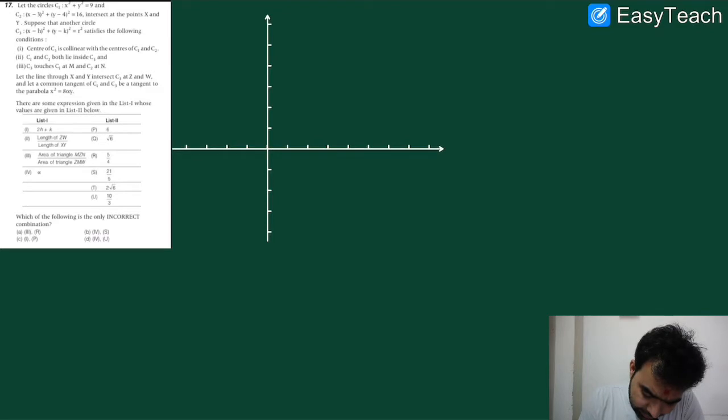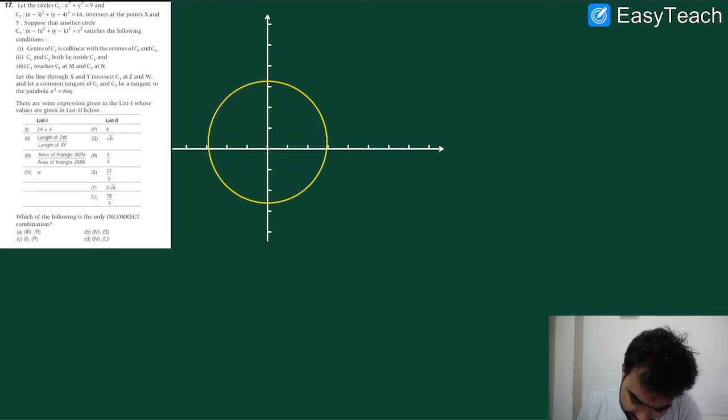Now here the first circle is x square plus y square is equal to 9, so that is the standard circle. Center is origin.